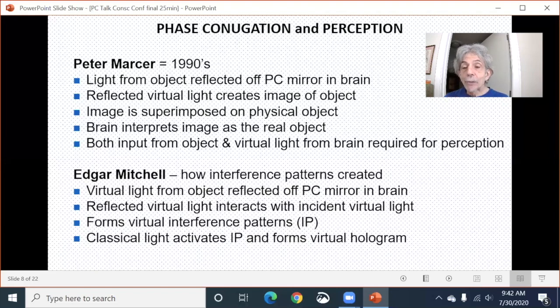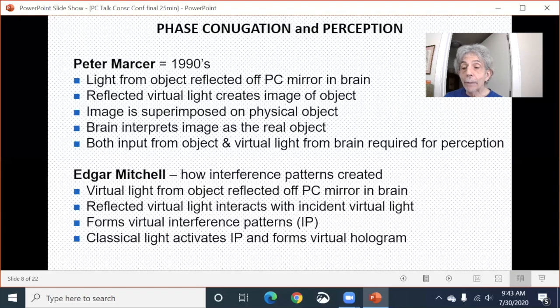He never really specified where the phase conjugation was or what it might be, but we did have a preliminary look at that. The reflected virtual light energy then bounces back, retraces its steps to the source, which is the object we're looking at, and then gets superimposed upon the object. The brain then looks at the combination of the physical object and the virtual object and kind of makes sense out of it. That was the original concept that Peter Marcer proposed.